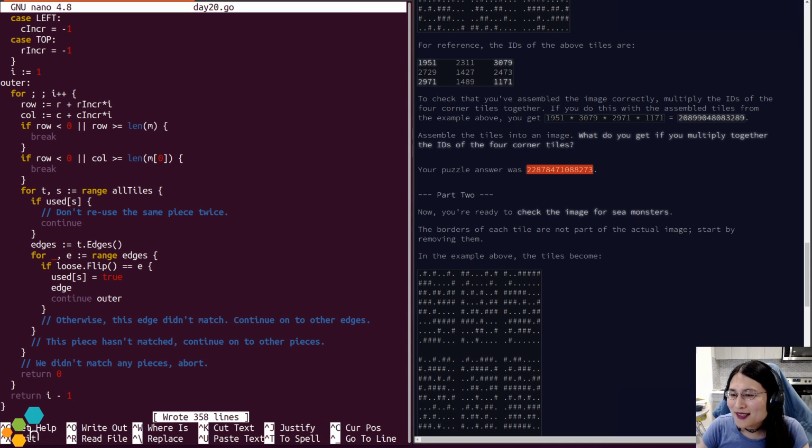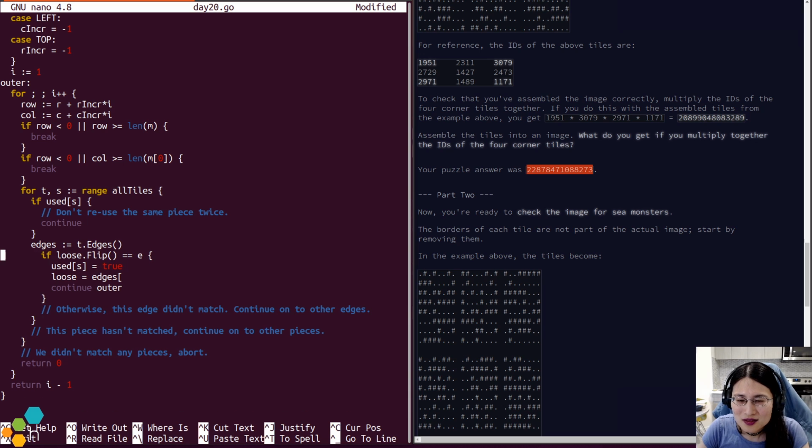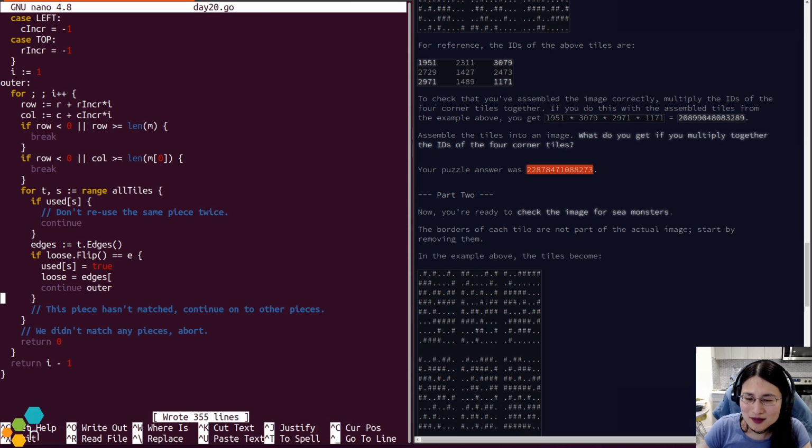I accidentally deleted that when I refactored. We also don't need to check all of the edges because we know that it has to continue the pattern. So that's also an optimization we can make.